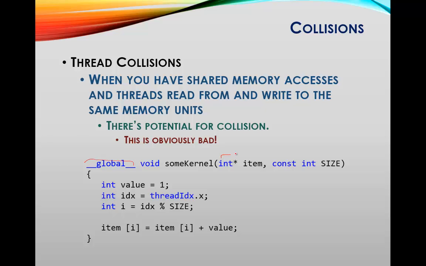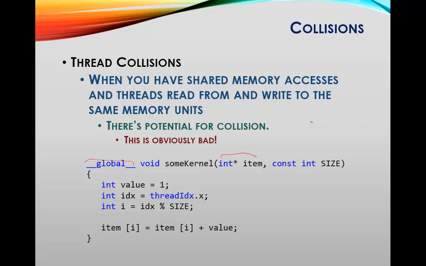It takes a pointer to the global memory with a size, and then what I'm attempting to do here is to basically increment each index of my global memory by one, and essentially try to calculate how many of my threads belong to each item of my global memory.